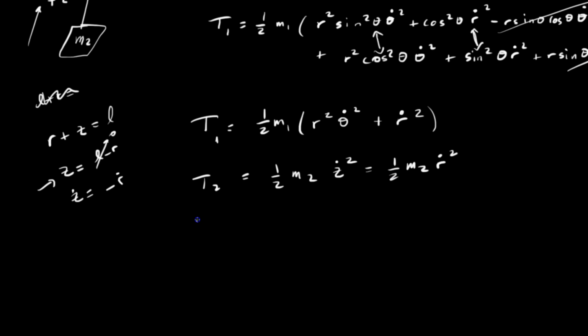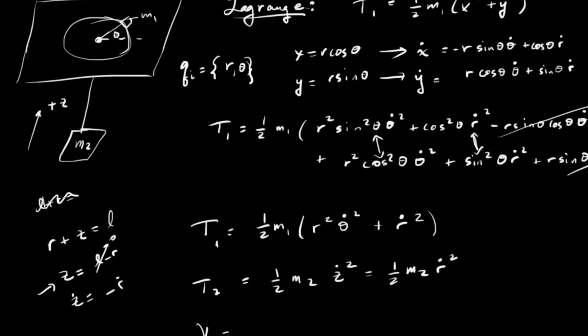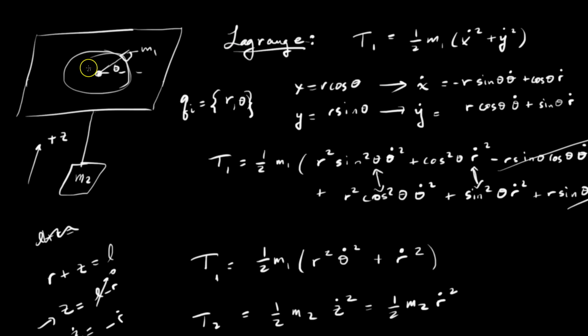We have T1 and T2, now V1 and V2. The potential energy of the first one, well, it's in the plane, so it has no potential energy, if we have to set our inertial reference frame. So if our inertial reference frame is the origin, we can draw a coordinate system here. This is y, this is x, and this is z. Hopefully you can visualize that, right?